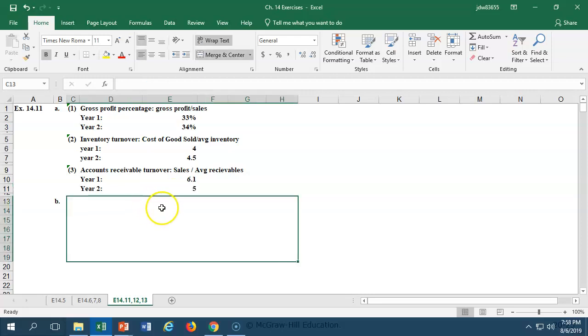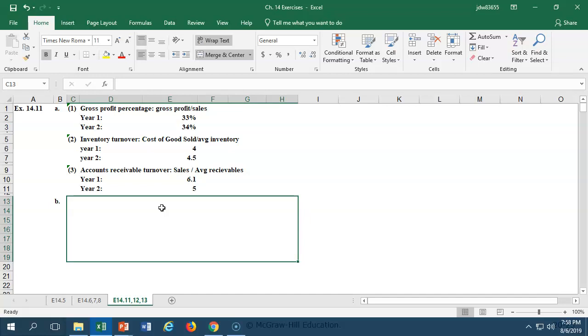Yeah. So let's talk about that. Any thoughts? Yes, that's a positive favorable trend.